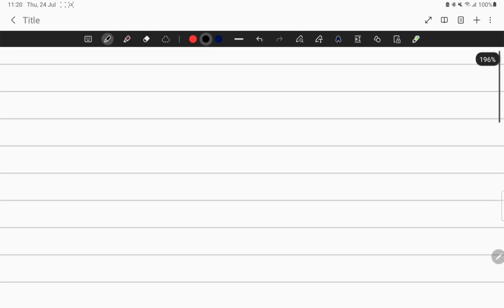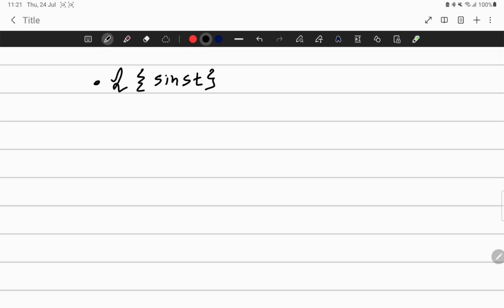So in this video, I'm going to solve this problem: the Laplace transformation of sin 5t. Here I know what the Laplace transformation of sin t is, right? I know that. So basically, I need to find the Laplace transformation of sin 5t.